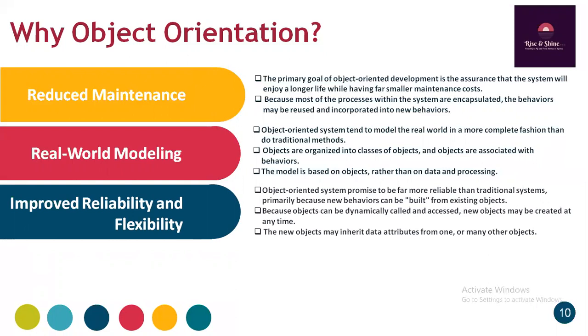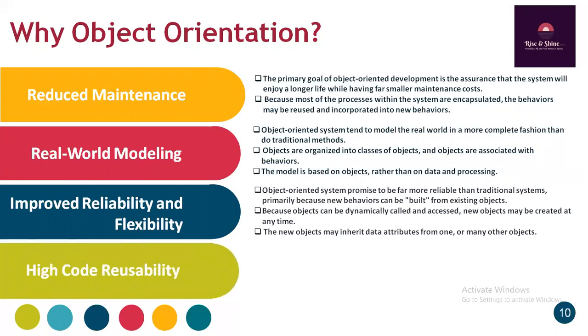An object-oriented system promises to be far more reliable than a traditional system, because new behavior can be built from existing objects, objects can be dynamically called and accessed, and new objects may be created at any time, even at runtime. New objects may inherit data attributes from one or many other objects. So improved reliability and flexibility are there to analyze, design and implement the system.